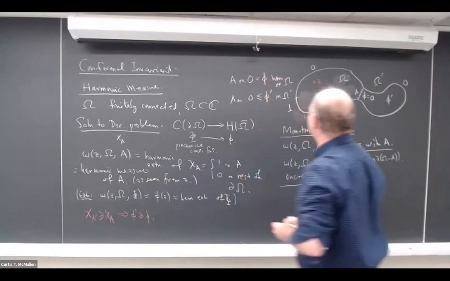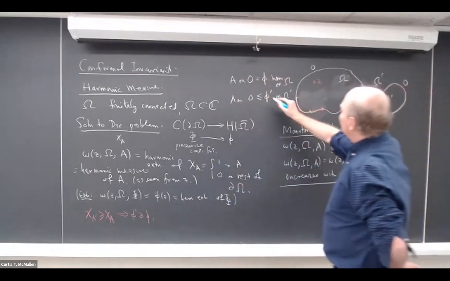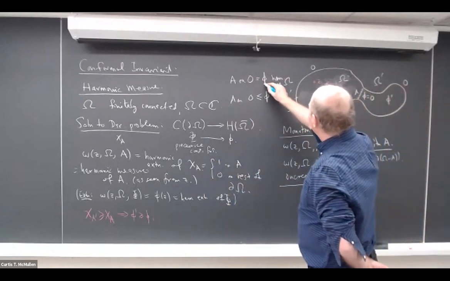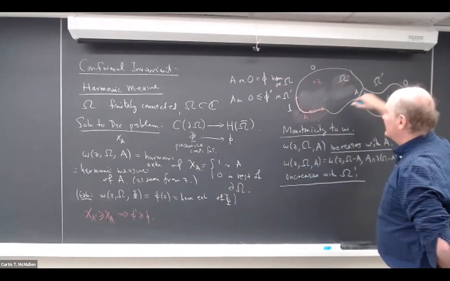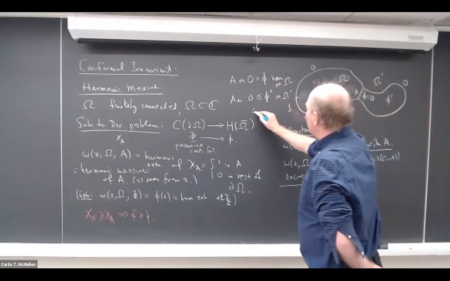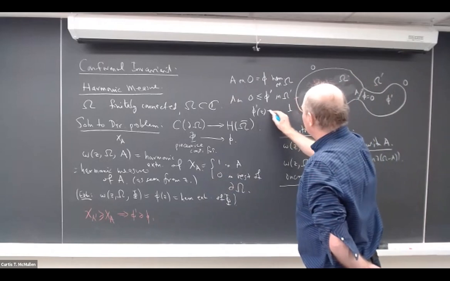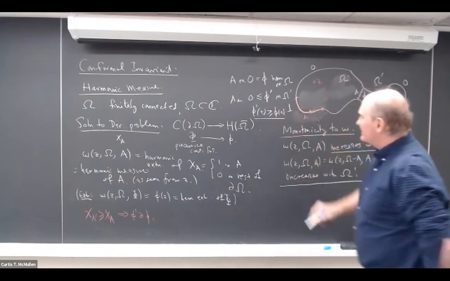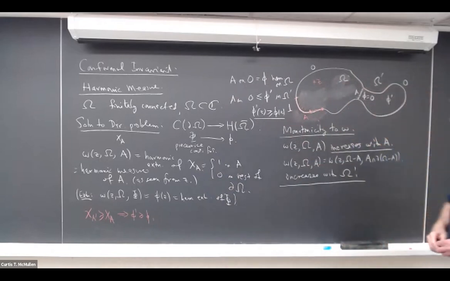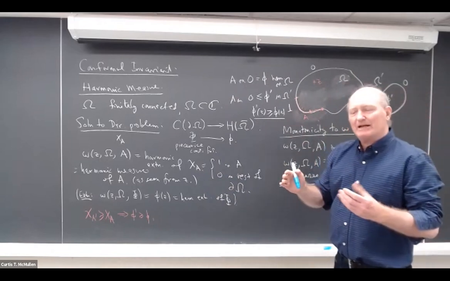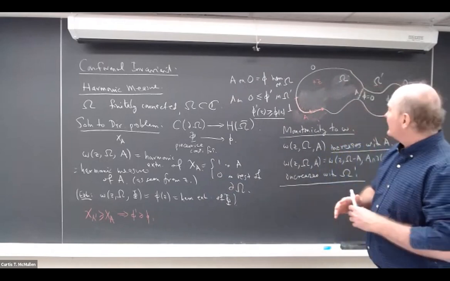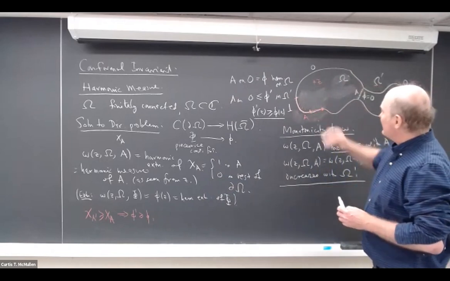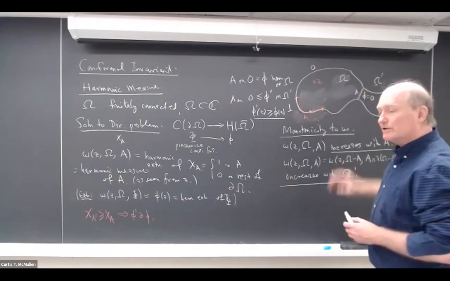So in any case, phi prime is bigger than phi on the boundary of omega. And so phi prime of z is bigger than phi. And that says that the harmonic measure goes up. So remarkably, the harmonic measure goes up when you make A bigger and when you make the whole domain bigger.